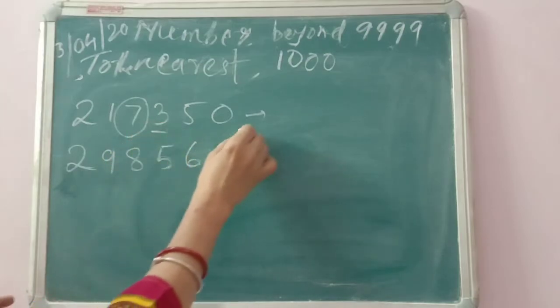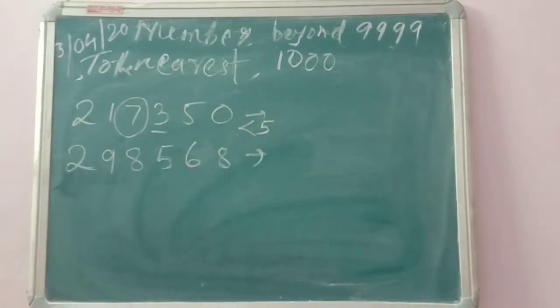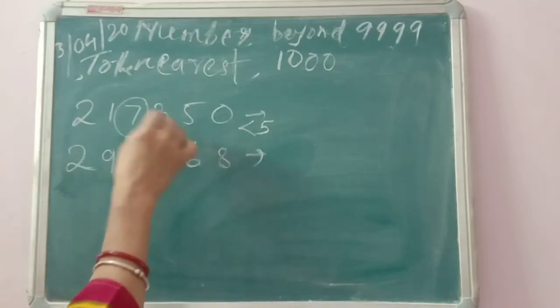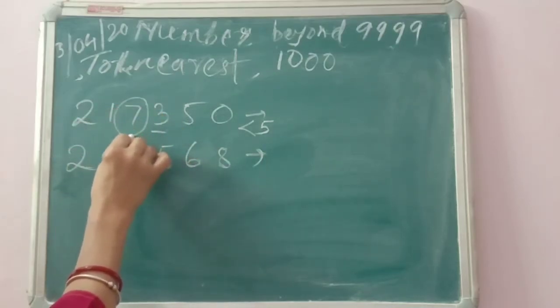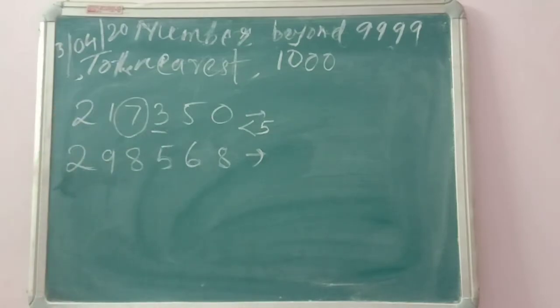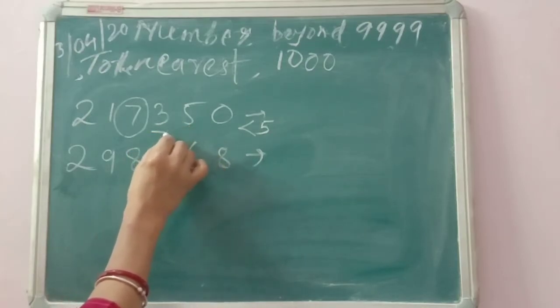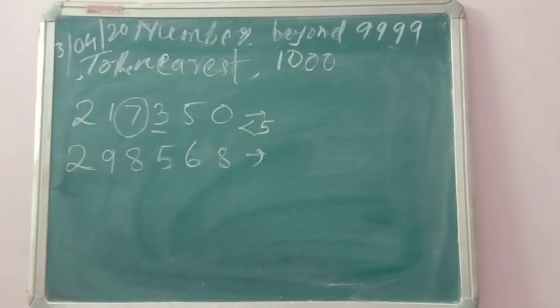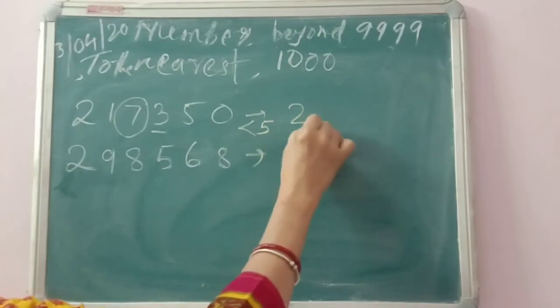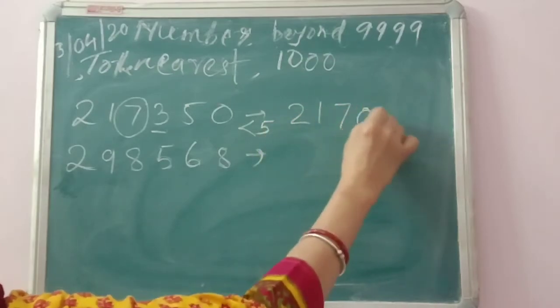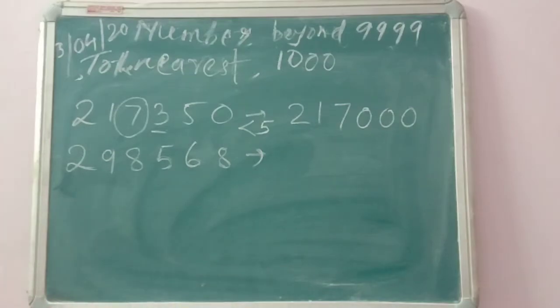Since 3 is less than 5, this thousands digit will not change to the next thousands place. I'll replace all the hundreds, tens and ones places by zeros. So after rounding to the nearest thousand, it will be 2,17,000.